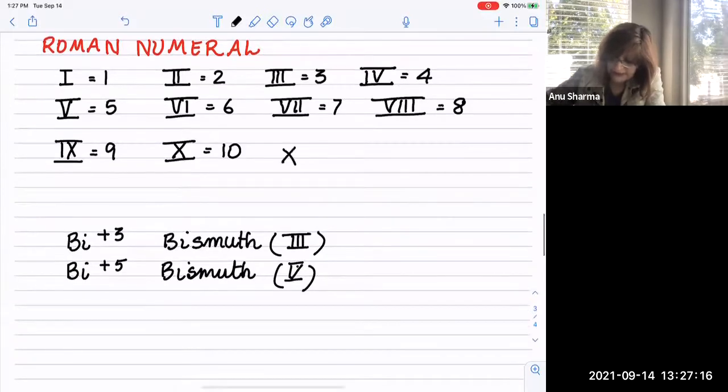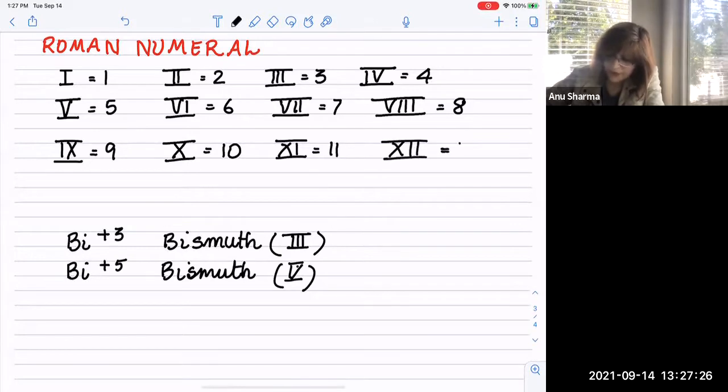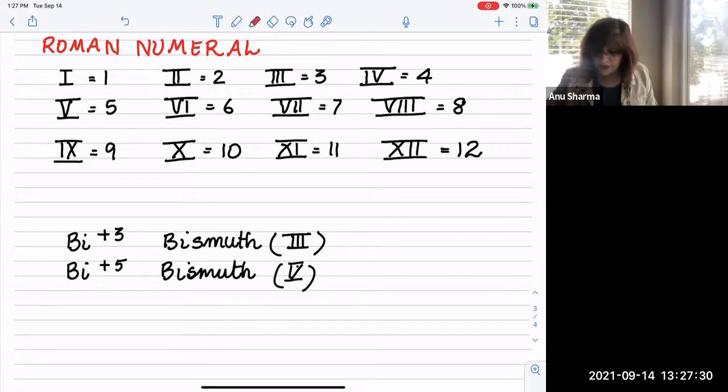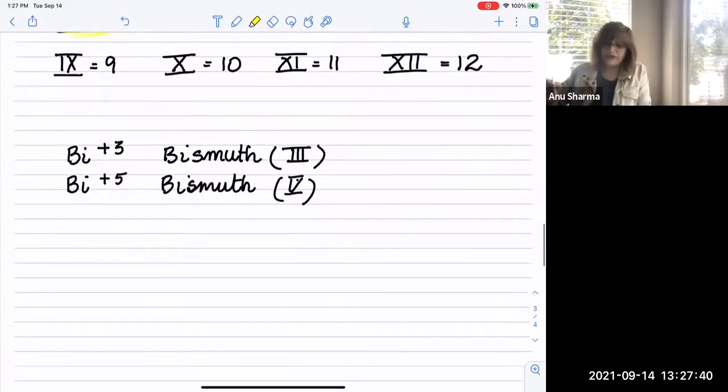This one is 11, and this one is 12. And so forth, but we are not going to go that far. Generally, for us, we look at 1, 2, 3, 4, 5, generally up to this level.